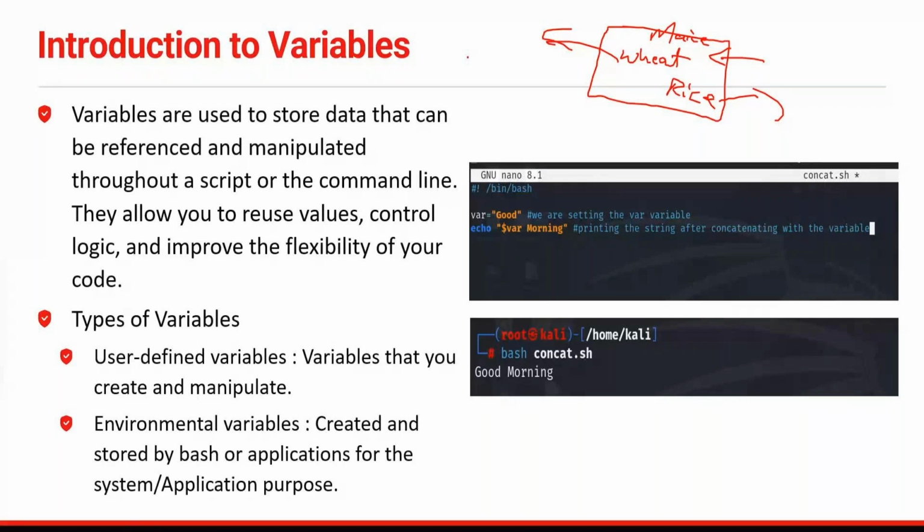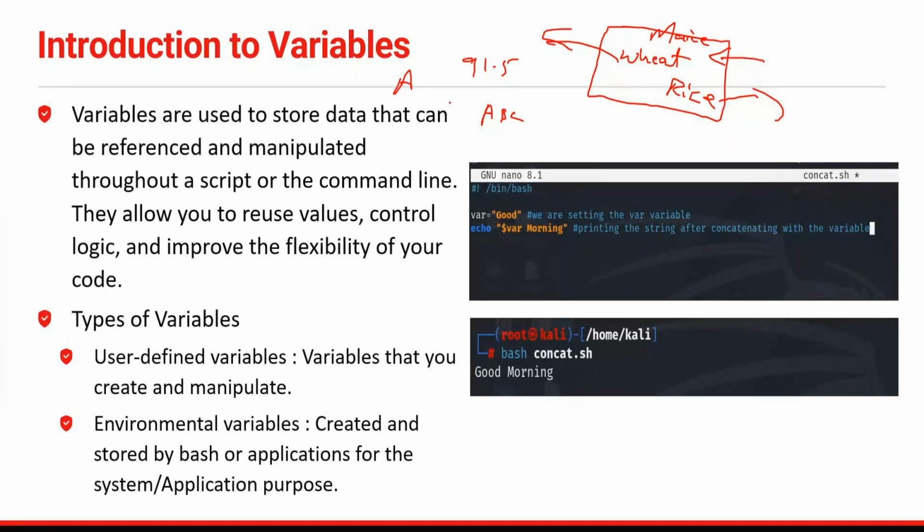With decimals, like 91.5, or it can be a string like ABC I want to store, right? It can be anything. It can be a character also. Let's say I want to store A, so A will be stored. So anything we can store inside variables, right? Variables are used to store the data so that we can use that data later in our script, right?